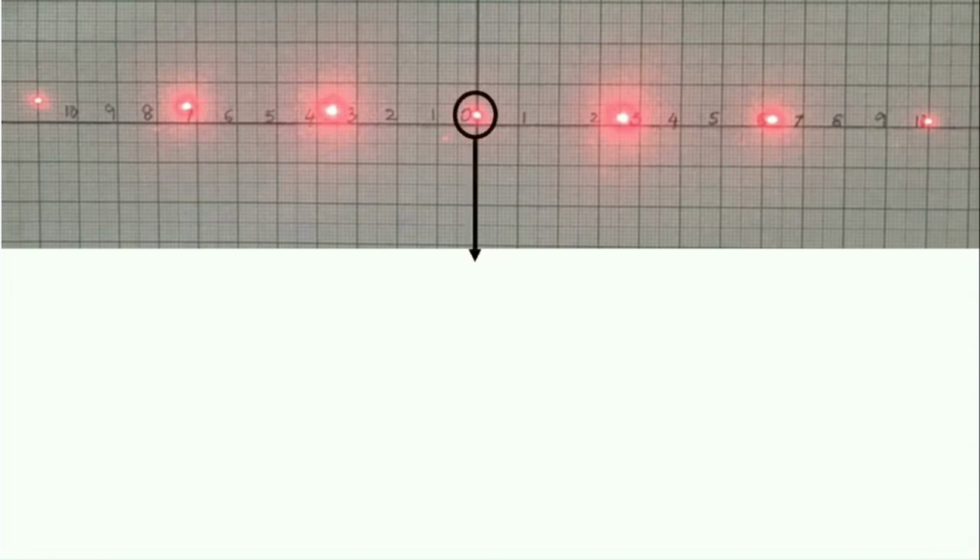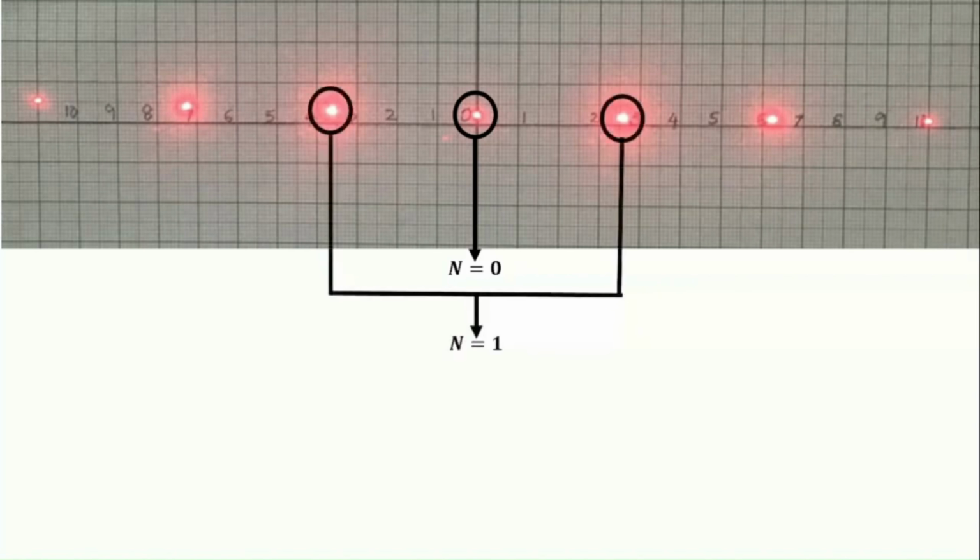The center bright spot is called the 0th order or center maxima. The bright spot on either side of the 0th order is called the first order or first maxima.